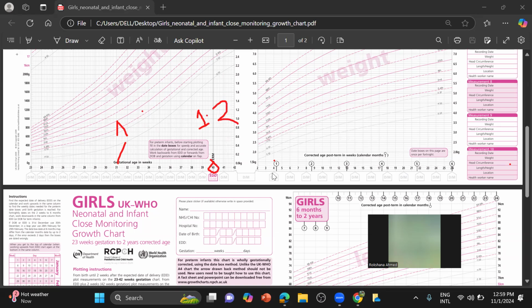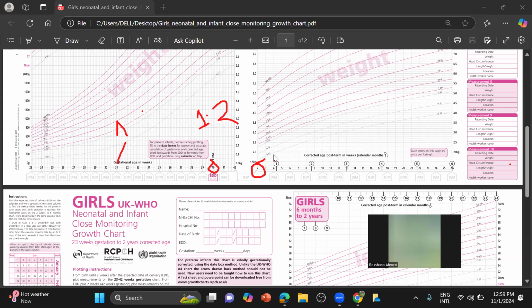After 40 weeks we come here and add this 1.2 kg, and then calculate. This is the preterm growth chart.